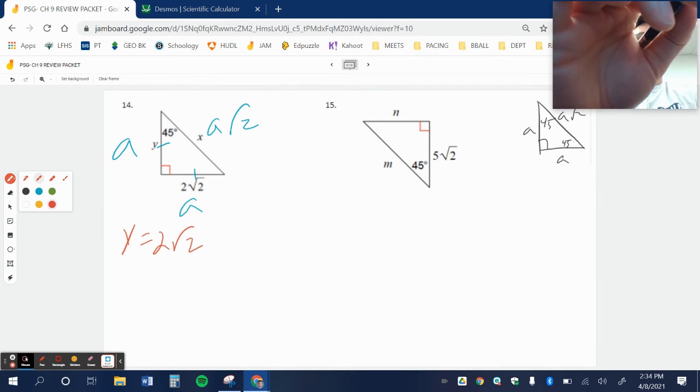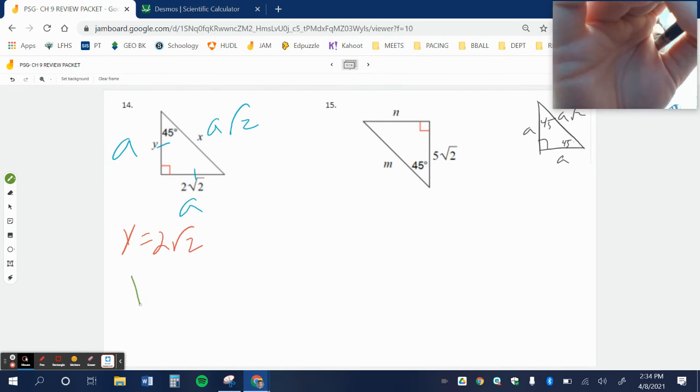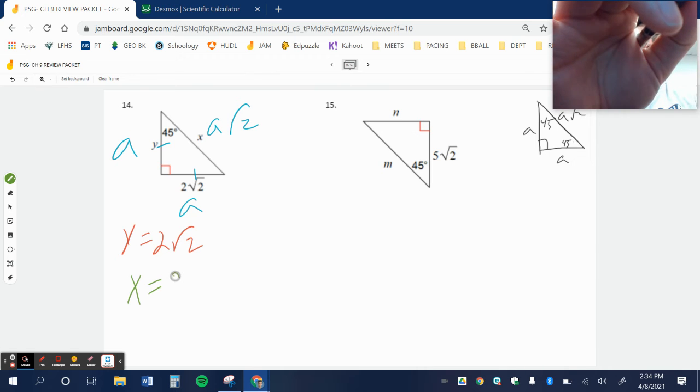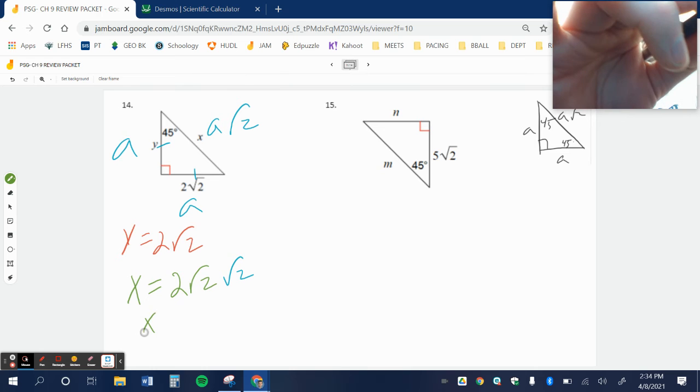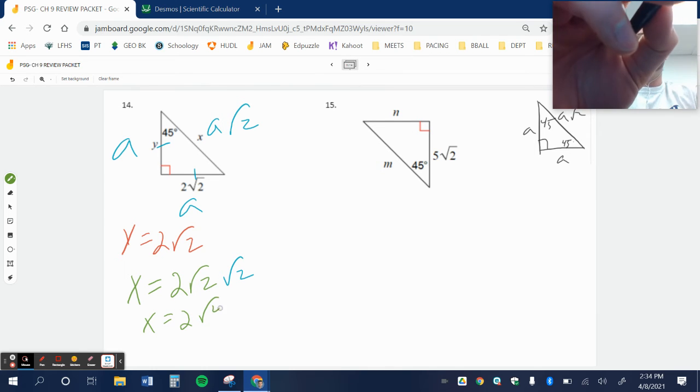Well, if A is 2 radical 2, then X is going to be 2 radical 2 radical 2. Which means, well, if I do radical 2 times radical 2, I get 2 radical 4, which is just 2 times 2, so X is 4.